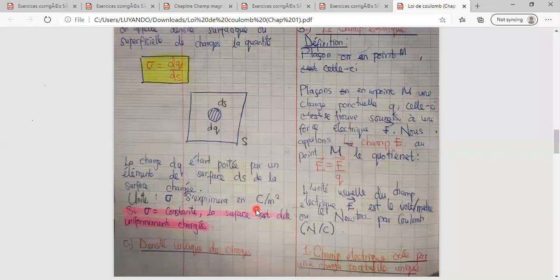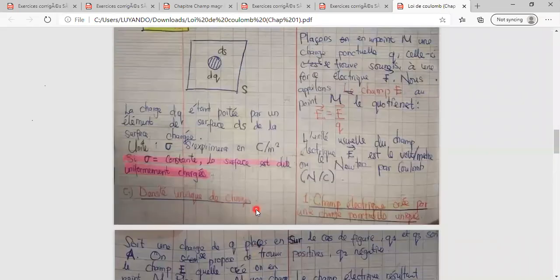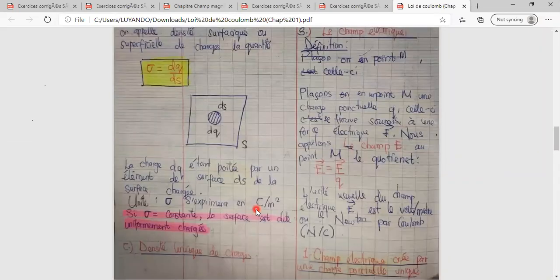Then we have the linear charge density. This is simply us trying to find the amount of electric charge per length, say along a wire, a certain amount of length.